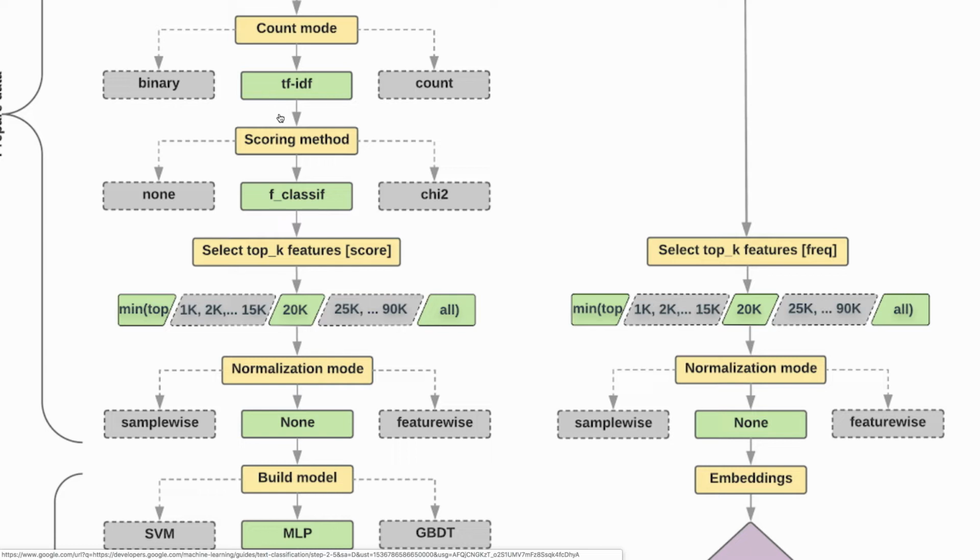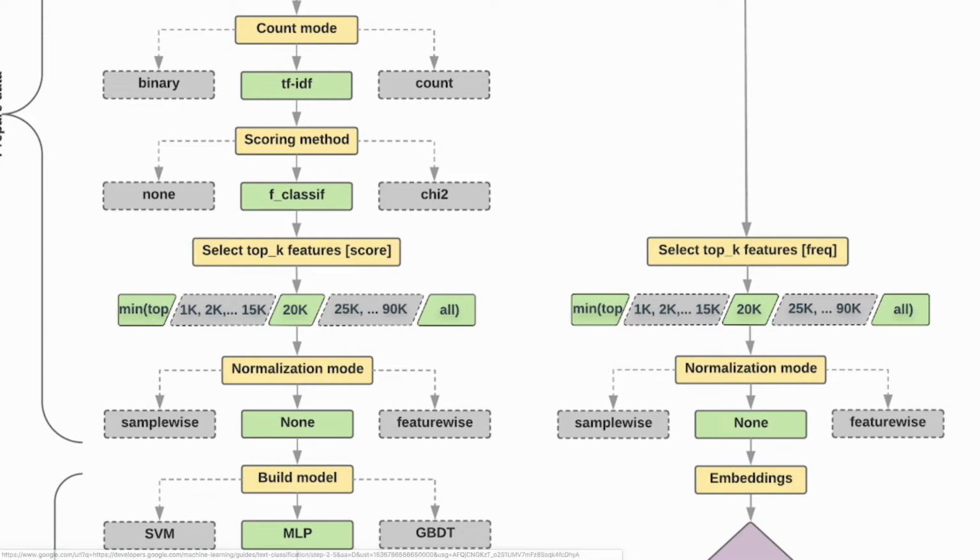And once you have converted your text tokens into numbers, the next thing that you do is find the correlation between each of those features with the text classes. And you can do that with different scoring functions. And the functions that we tried were f_classif and chi-square. And we found f_classif to be better.